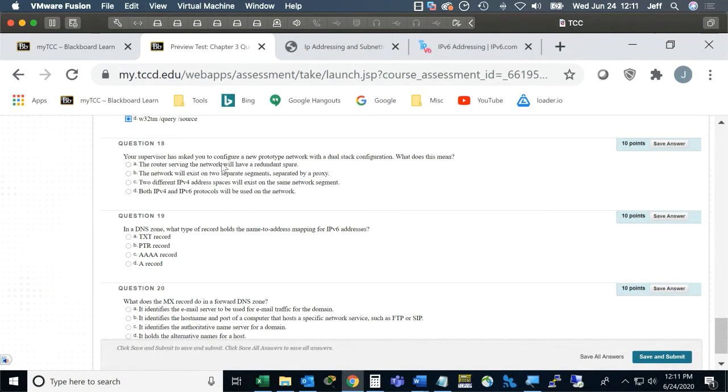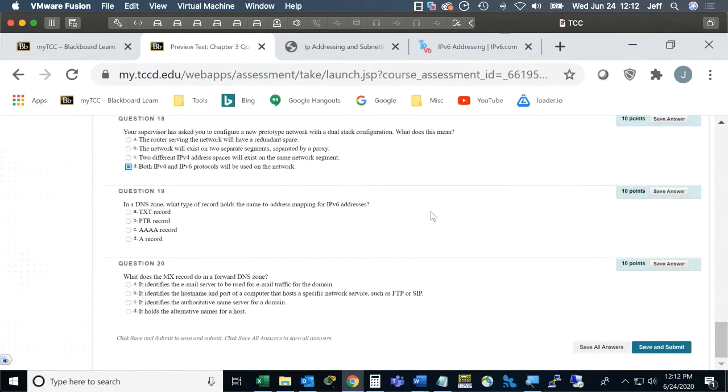Your supervisor has asked you to configure a new prototype network with a dual stack configuration. What does that mean? D, yeah. IPv6 and IPv4 will be used. In a DNS zone, what type of record holds the name to address mapping for IPv6? Not sure.